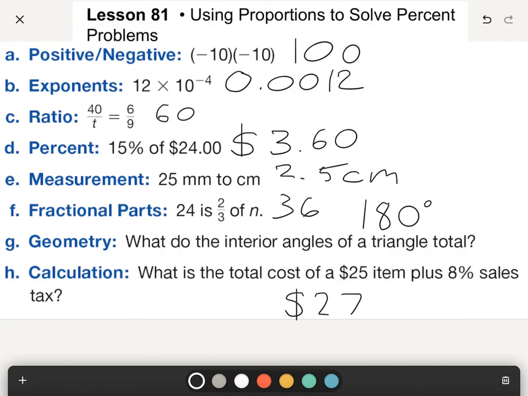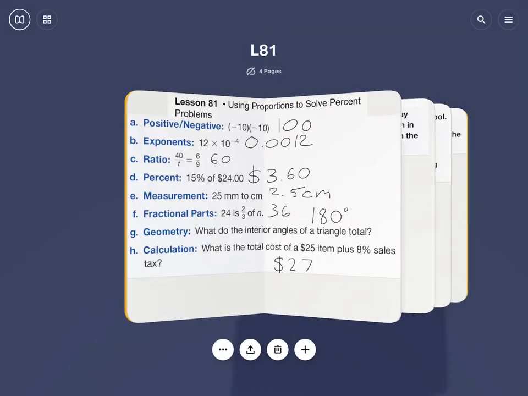Though a lot of these could be done with mental math. So we'll look at the first couple and ask how we could mentally math it. However, we're also going to do the Saxon Method, which is outlined in the examples in the book, and walk through the steps.